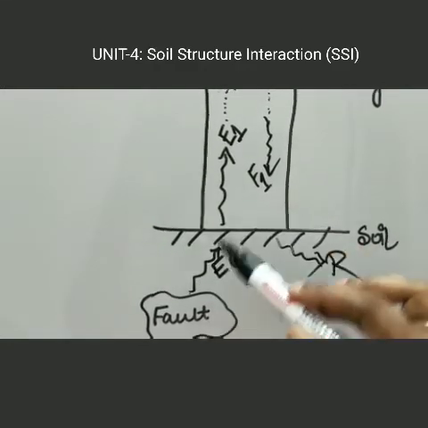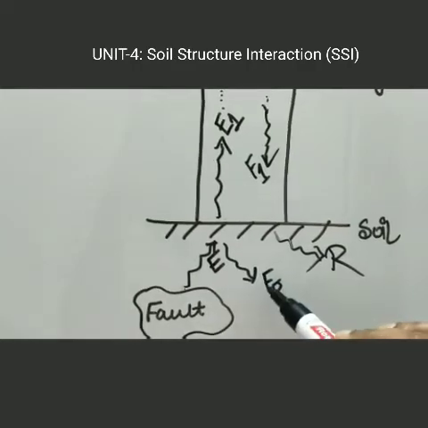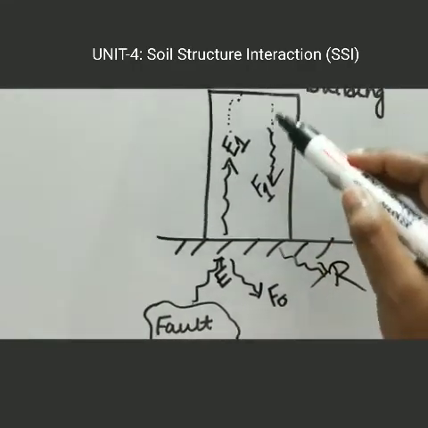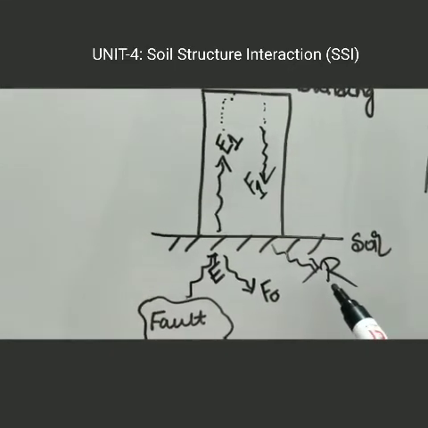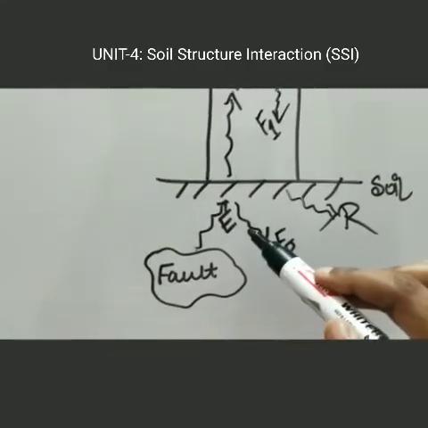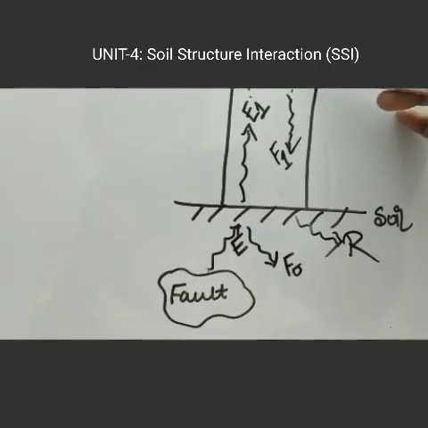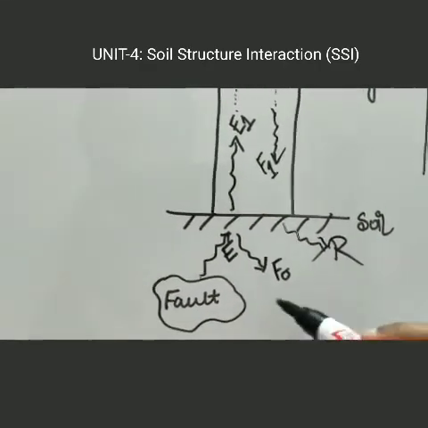When the seismic wave gets transmitted to the building, a certain part of it will get refracted back. Similarly, the transmission wave will travel downwards and thereafter to the soil. Meanwhile, from the vibration of the soil, the vibration of the building will occur, and from the vibration of the building, again the vibration of the soil will happen.